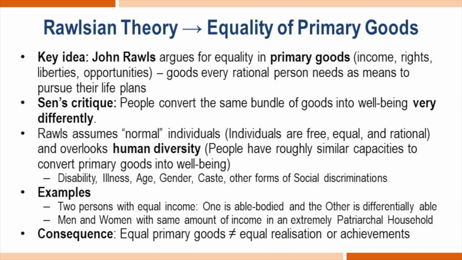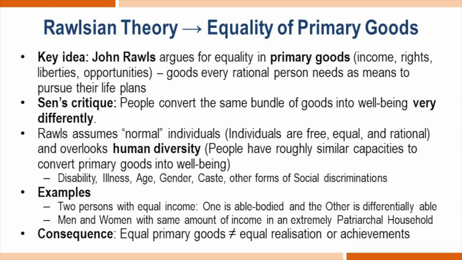The problem with Rawls is that he assumes normal individuals who are free, equal and rational, and overlooks the diversities that exist in our society, including disability, gender, age, illness, and other forms of social discrimination. So in the Rawlsian framework we do not recognize that the same set of primary goods can lead to different well-being and welfare.